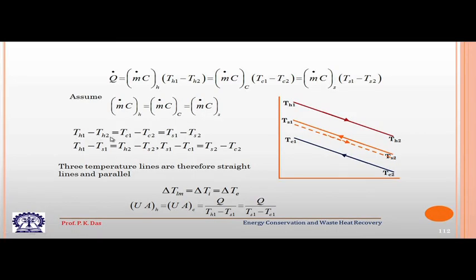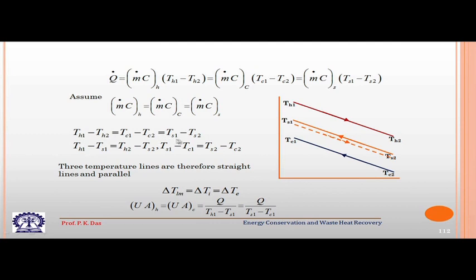So, if that is so, then we will get T H 1 minus T H 2, that is equal to T C 1 minus T C 2 and T S 1 minus T S 2. Mind that again I like to remind you that subscript 1 indicates high temperature and subscript 2 indicates the low temperature.